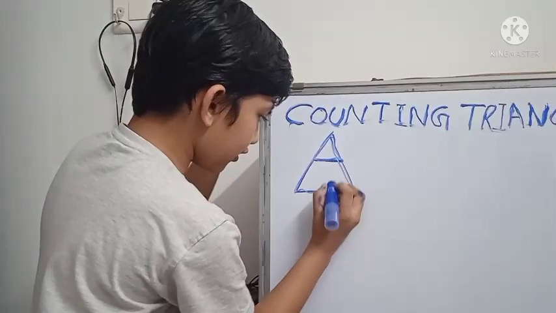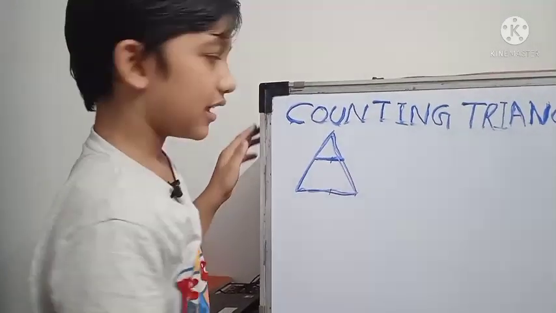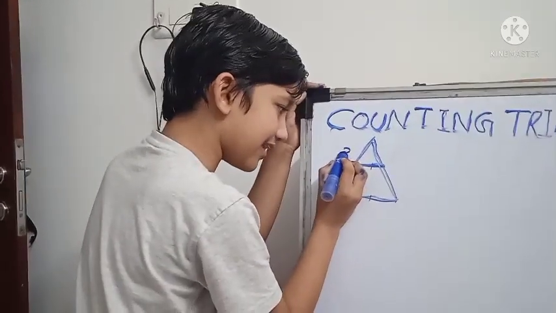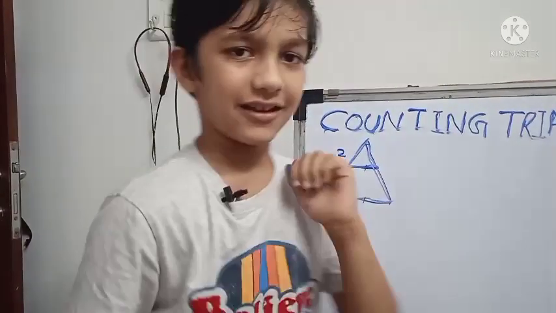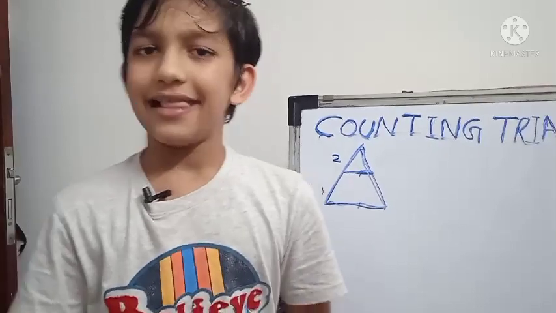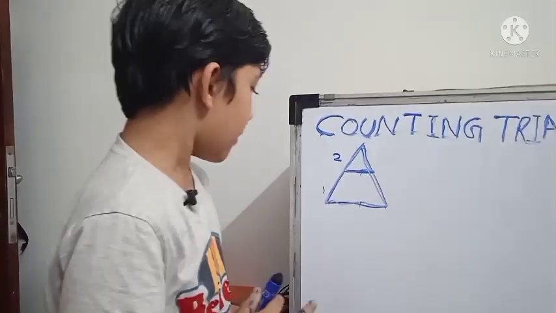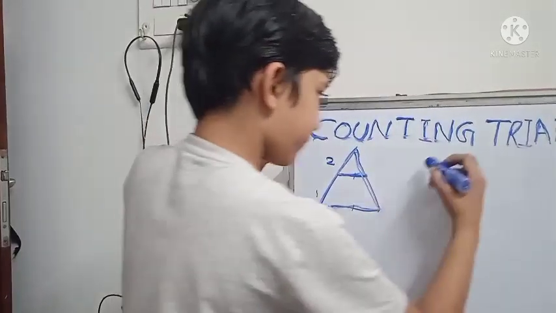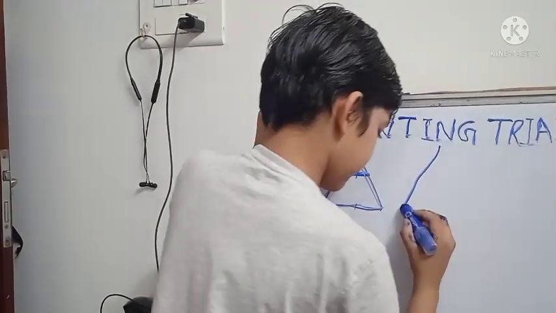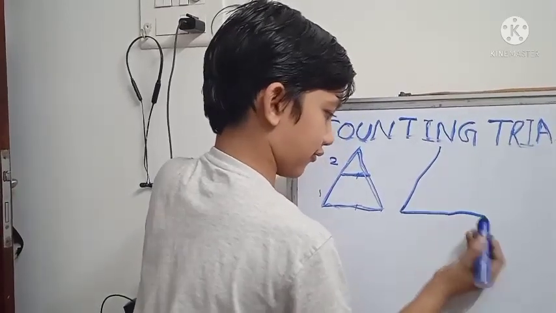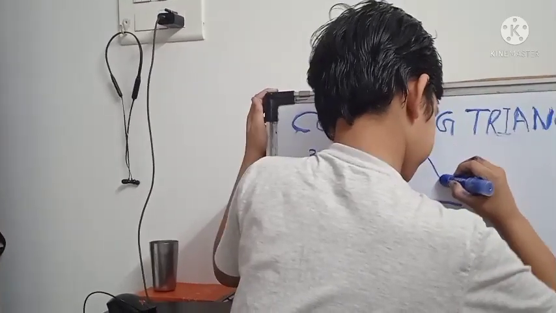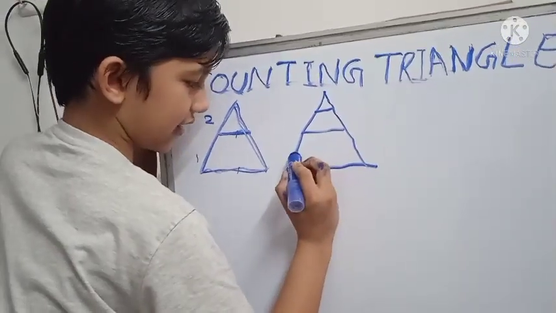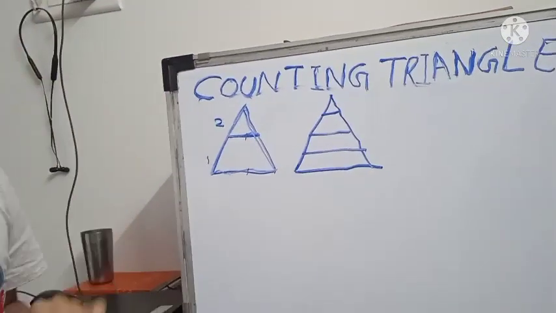Two horizontal lines means there are two triangles, one triangle and the second triangle. Now you will say this is also one triangle, but the first triangle has already covered that. Now this will be our next triangle: 1, 2 and 3.